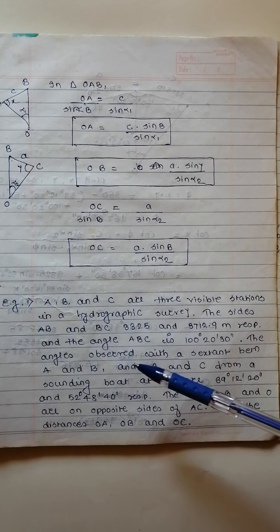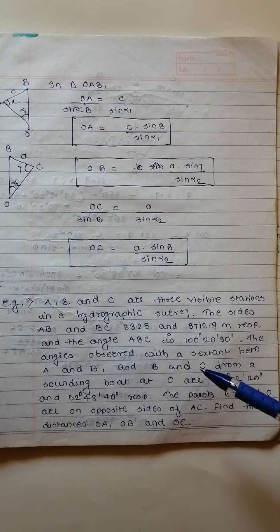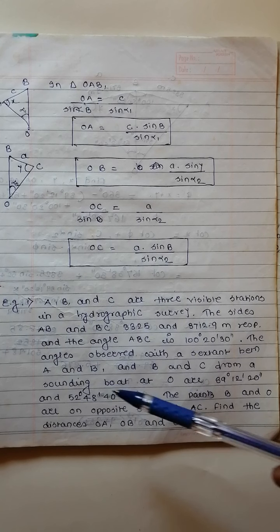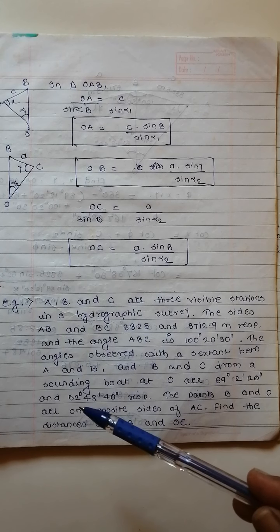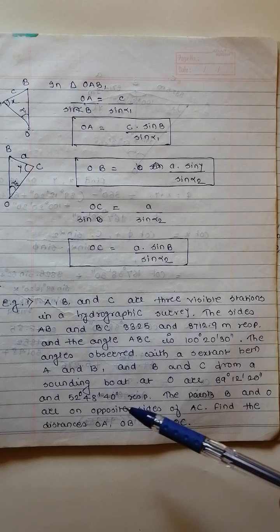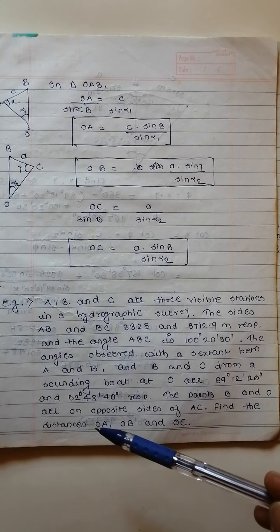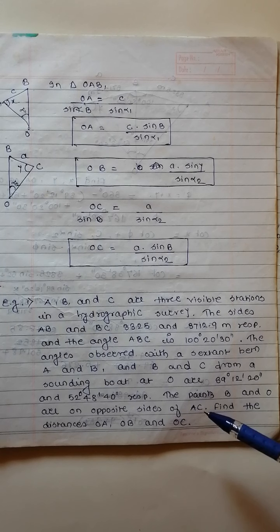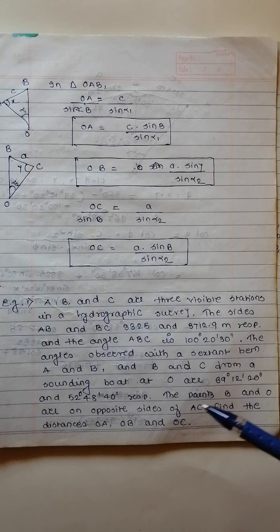The angles observed with a sextant between A and B and C from a sounding boat at O are 39 degree 12 minutes 20 seconds and 52 degree 48 minutes 40 seconds respectively. The points B and O are on opposite sides of AC. Find the distances OA, OB and OC.